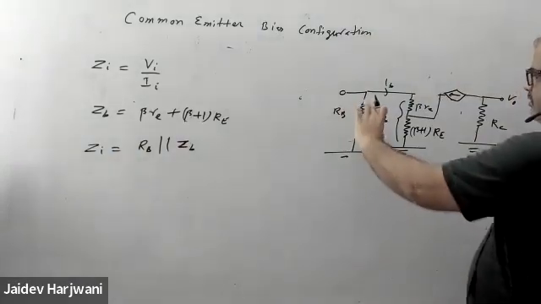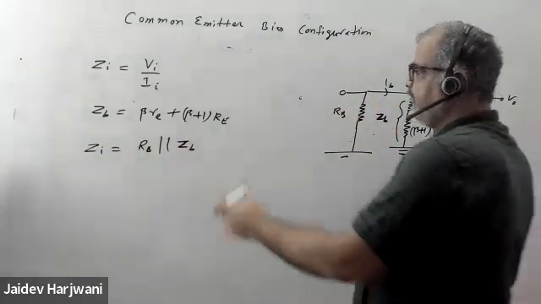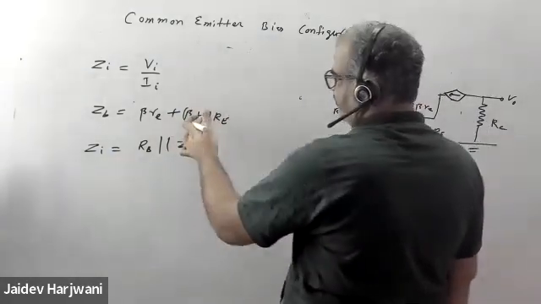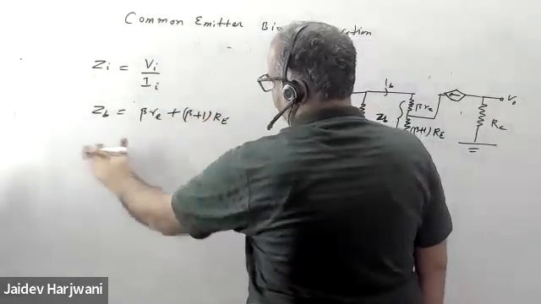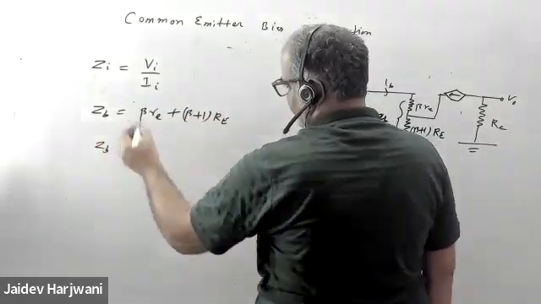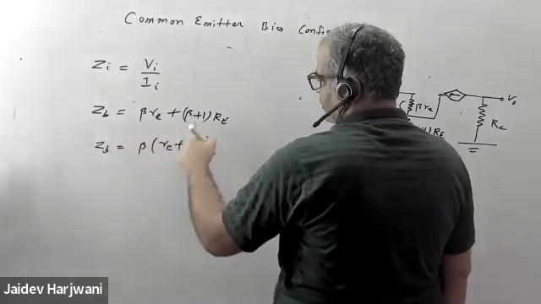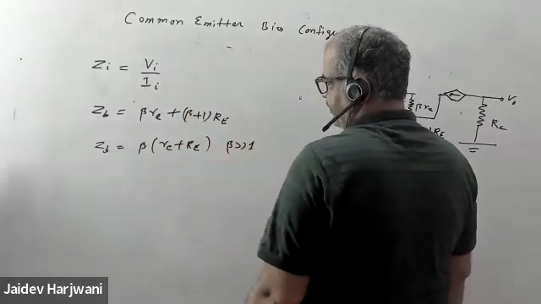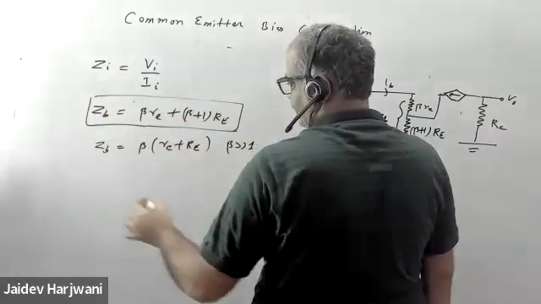This combination. Of course, you can say the other resistance is negligible compared to beta RE, so you can leave this one also. If you want an approximation, you can do the approximation, but it is not required. So this will become beta RE plus RE, because beta is generally greater than one. So this is the formula, and you can now do the approximation.